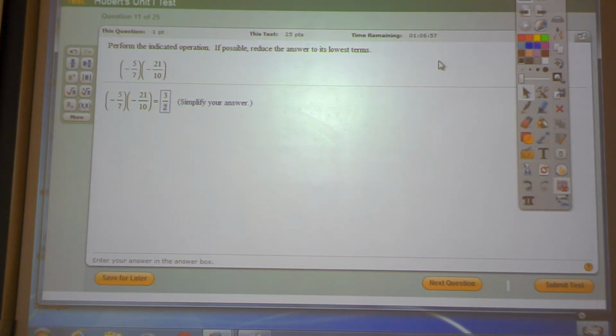So what's your final answer? 3 halves, because negative times a negative is positive. You could have also done positive 105 over 70 and then reduced it down to 3 halves. You could have done that.